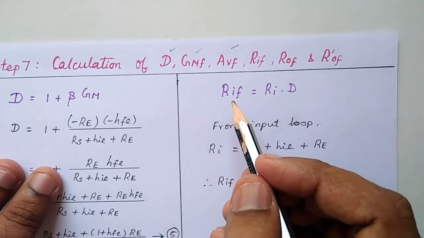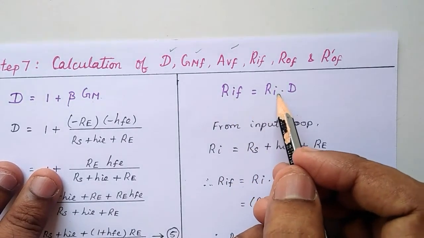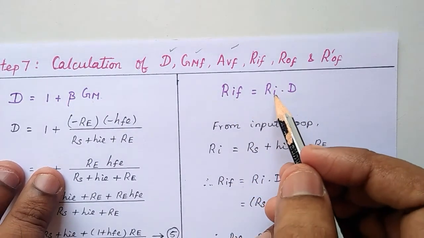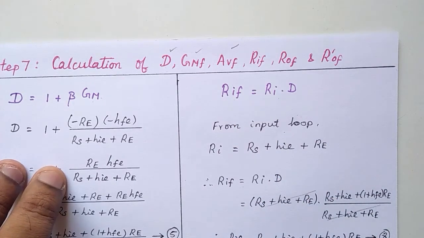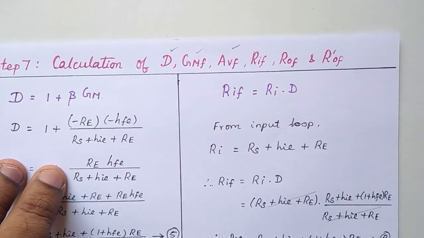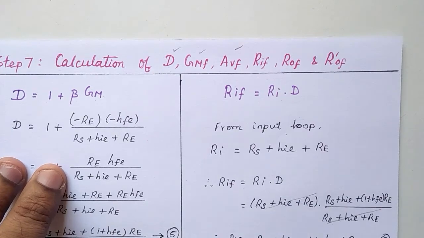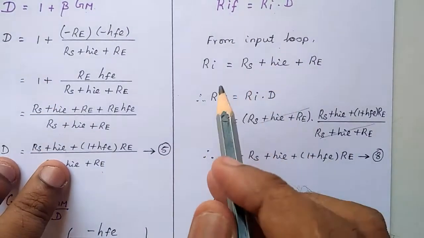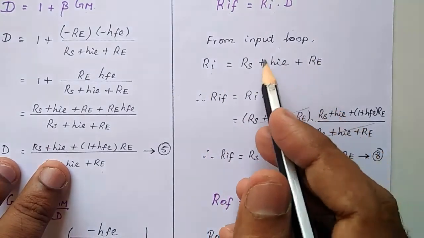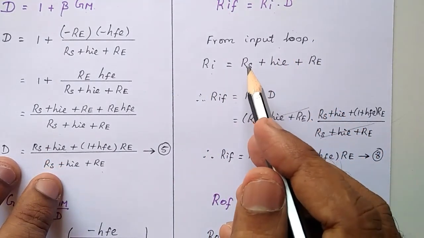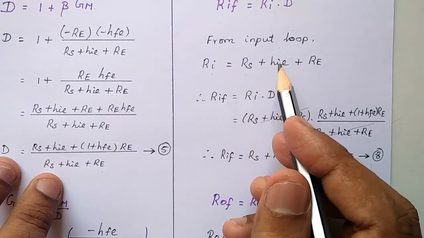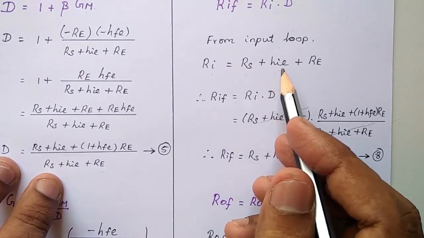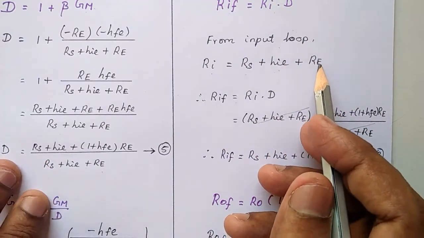Then we have to find RIF. RIF is nothing but RI into D. So this expression is also obtained from the effect of input and output resistance of current series feedback amplifier. You can refer my video in the channel. From the input loop I can write RI is the summation of all the resistance in the input circuit, series resistance, base to emitter input resistance plus the emitter resistance RE.